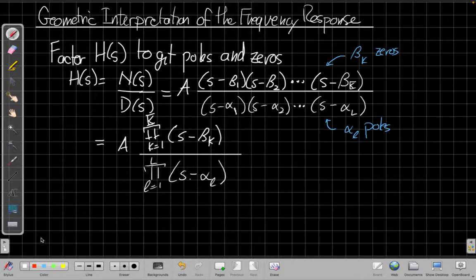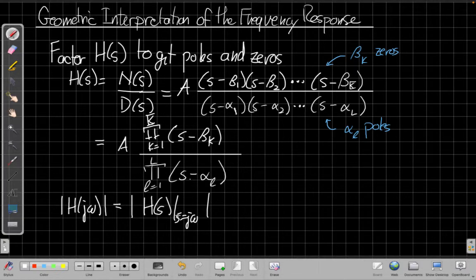Now if we want to look at the frequency response magnitude, that's always the most important thing. The first thing we want to know about a system in many applications is which frequencies are passed through the filter and which ones are attenuated. So I want to look at the magnitude of H of j omega. I find that by setting s equal to j omega and then taking the magnitude.